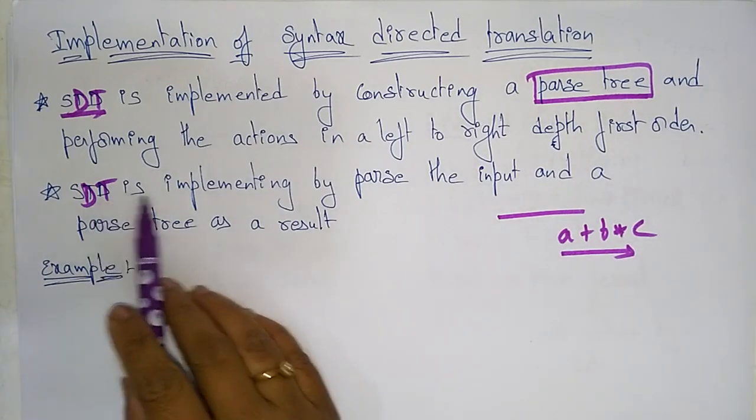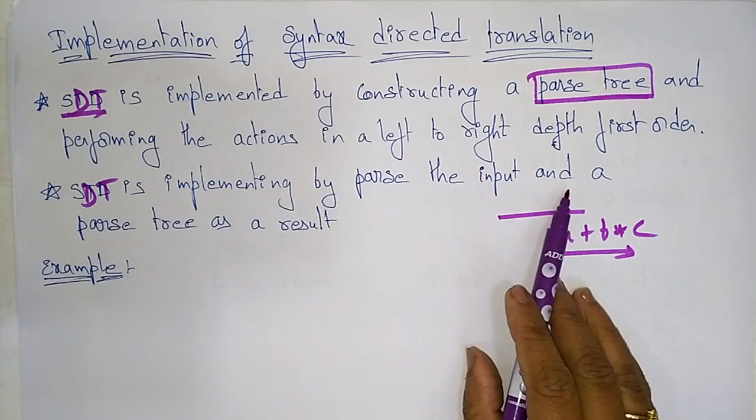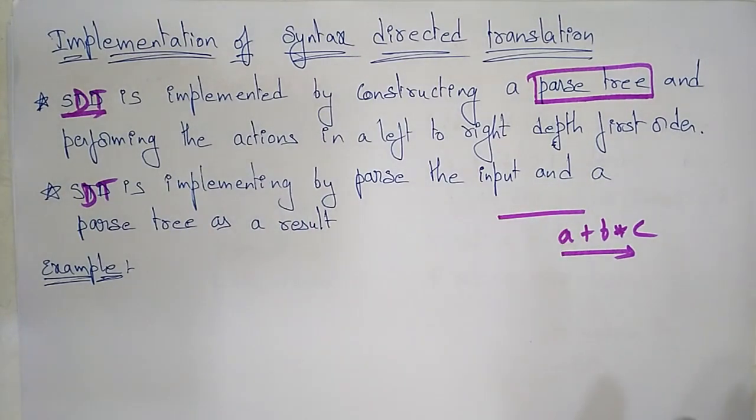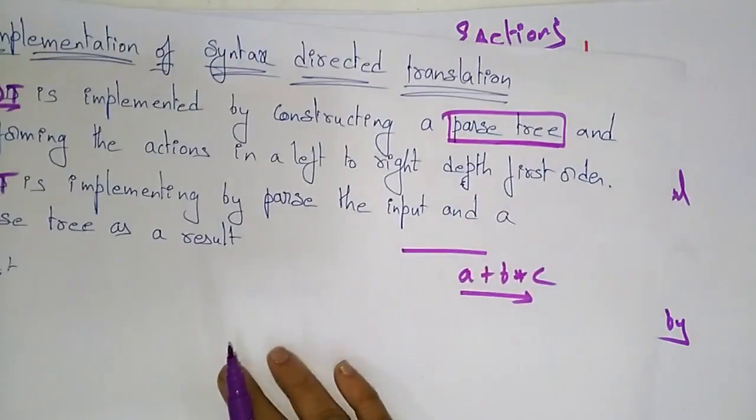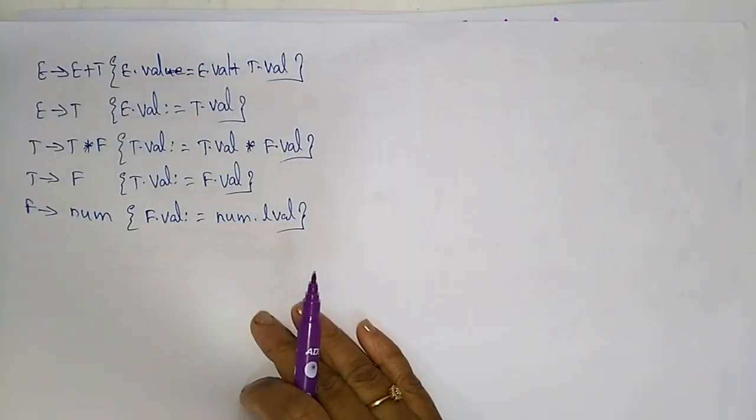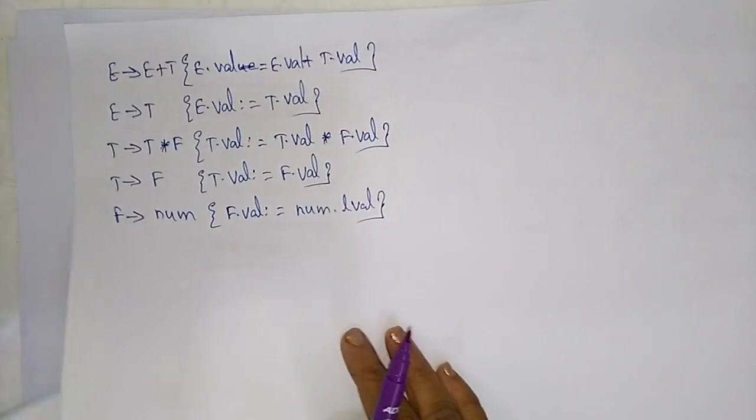SDT is implemented by parsing the input and producing a parse tree as a result. Let's see the implementation of SDT; by seeing this example, you can understand how the process works.